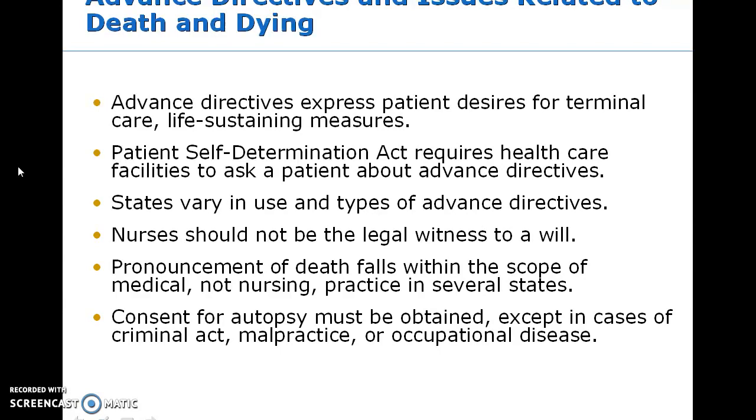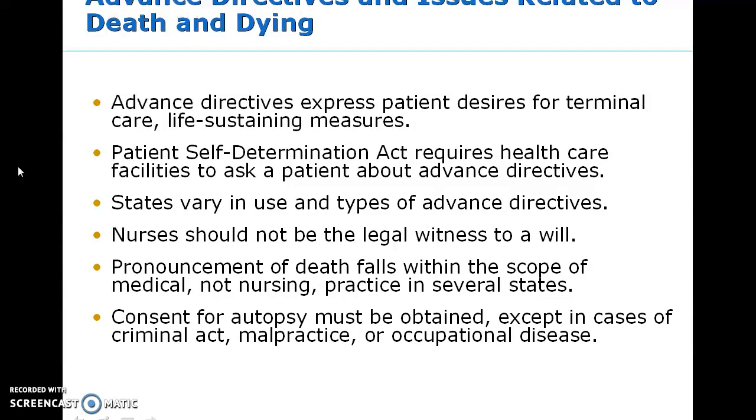The Patient Self-Determination Act requires health care facilities to ask patients about advanced directives. States vary in the use and types of advanced directives. So know which state you're in and how the laws operate, and you can go on with your advanced directives.